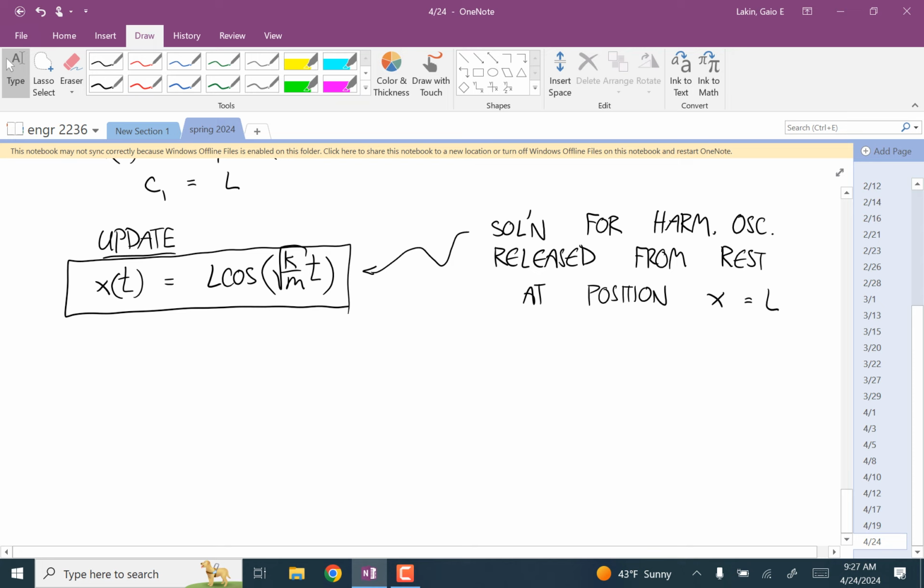Now let's figure out how fast this thing is going to oscillate.